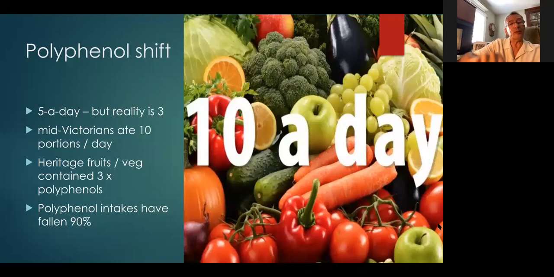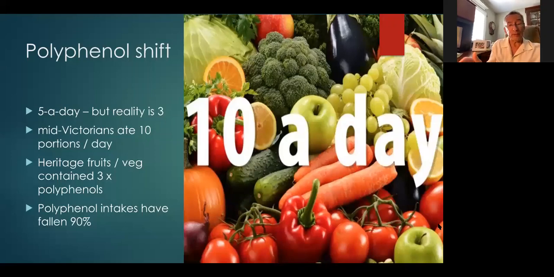But if you go back to earlier societies, and one of those is the mid-Victorian society, very active, ultra-processed foods at all. And what we know from the thorough investigation of their dietary habits is that they were consuming an average of 10 portions of fruits and vegetables a day, which might seem like a lot to you.